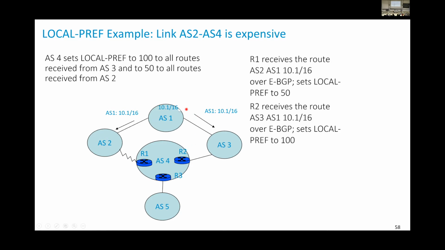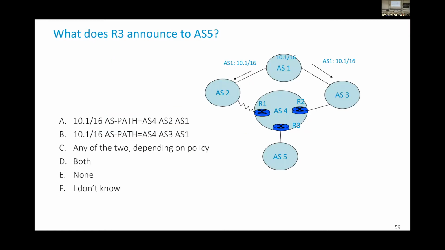So in this case, AS4 may decide to set local pref to 100 to all routes received from AS3 and 50 to all routes received from AS2. So R1 receives, for example, an announcement for the prefix 10.1 over eBGP, will set the pref to 50, whereas R2 will set the pref to 100.